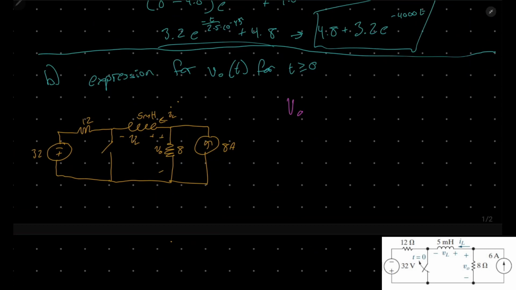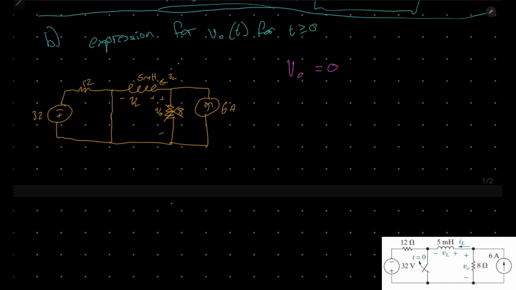For when t is less than 0, our switch is closed. If we remember from the previous part, when this switch is closed, this wire is in parallel with this 8 ohm resistor. And when a wire is in parallel with a resistor, it completely cancels it out because the current is going to take the path of least resistance. So our initial voltage is going to be 0.